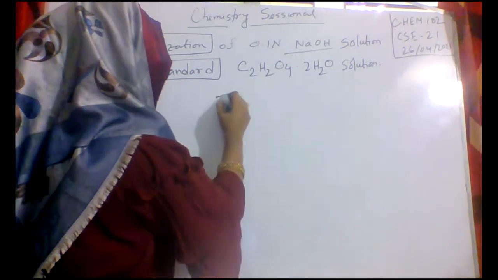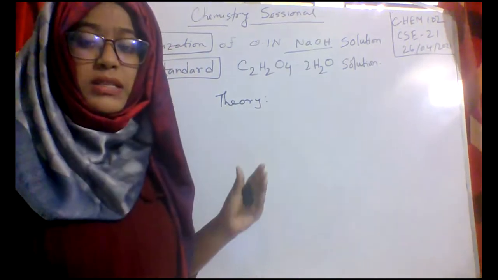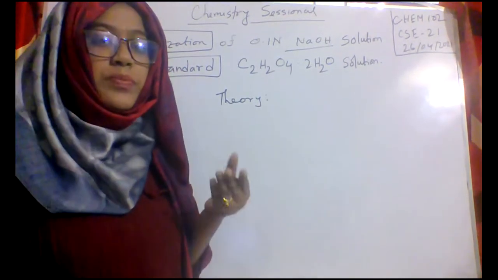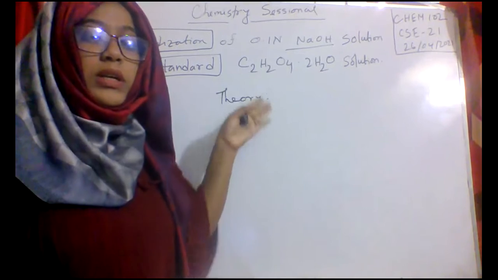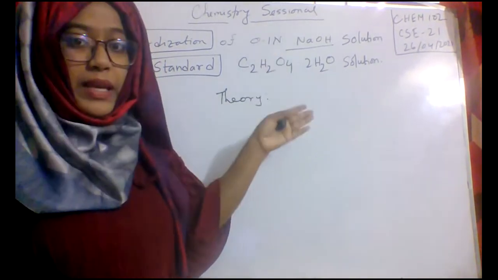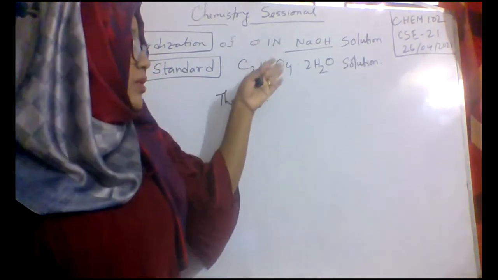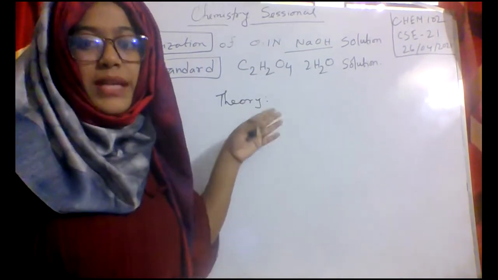Here, the theory means on the basis of which principle we are titrating. So here, sodium hydroxide is a base and oxalic acid is an acid. So it's an acid-base titration.